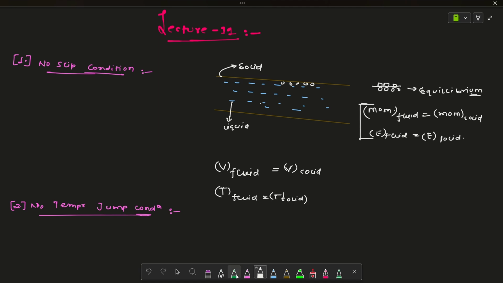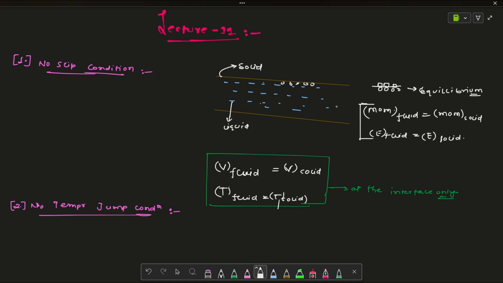And for what cases are we saying this? At the interface only. If we are talking only about the liquid just adjacent to the solid, then these conditions would be satisfied.